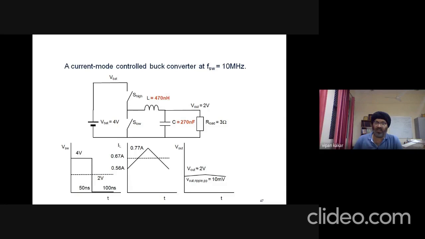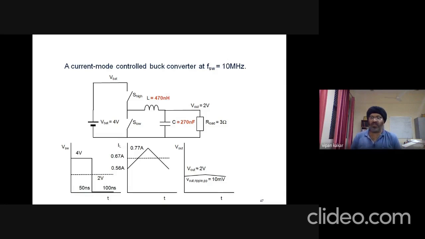Based on that, we have changed the value of the maximum and minimum currents and the average current. But the circuit still remains the same. Only the values are different. So that is the beauty of a DC to DC converter.